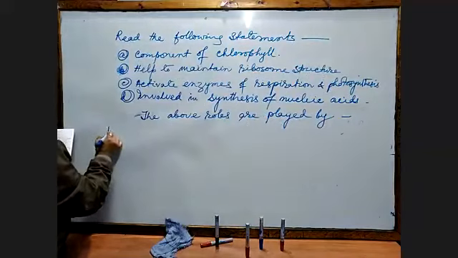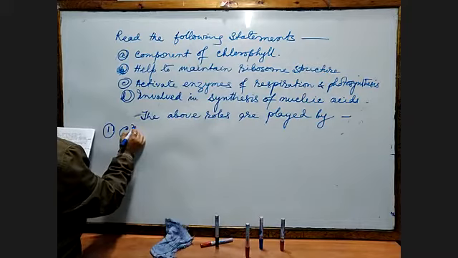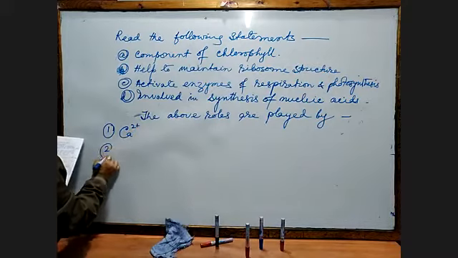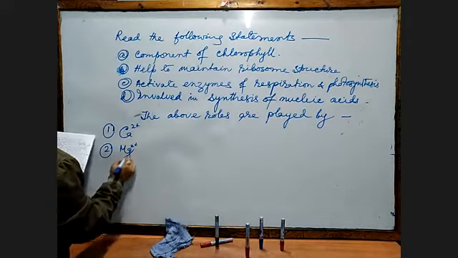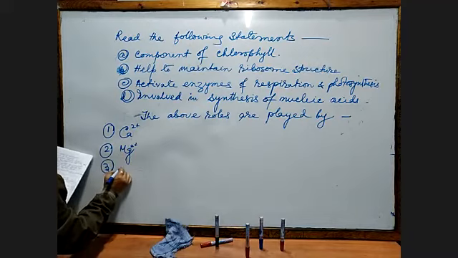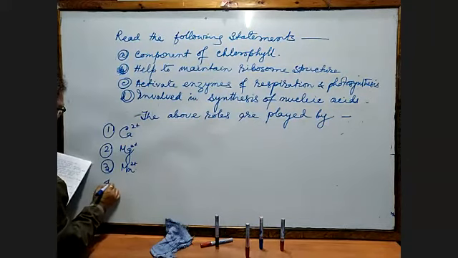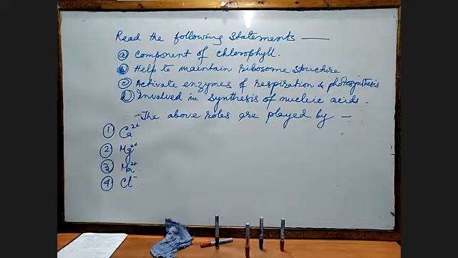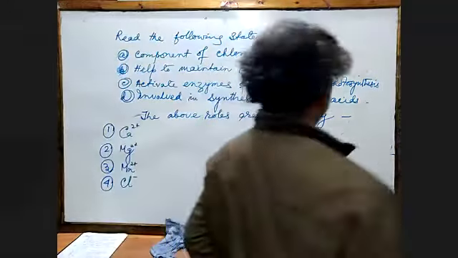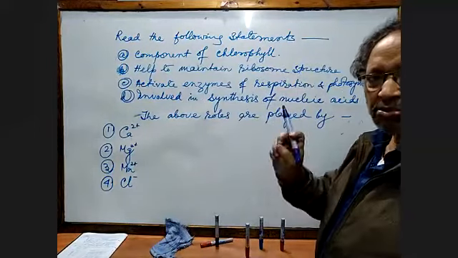Number one option is calcium, number two option is magnesium, number 3, manganese, and number 4, it is the chloride ion, chlorine. So these are the functions that are carried out by some of the elements.